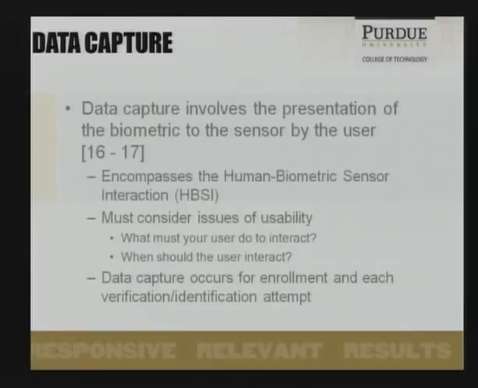When we do that, we look at the data capture area, and that involves how people present their biometric to the sensor. By presenting, I don't necessarily mean placing the hand flat on a hand geometry machine or swiping, although that is encompassed. It's also whether they look at the camera or not. Some research being done is how do you get someone to look at a camera?